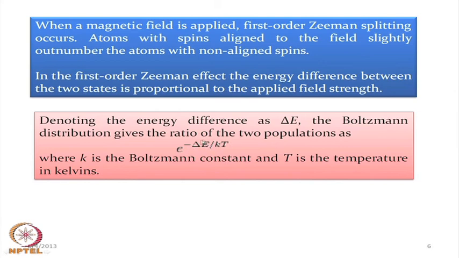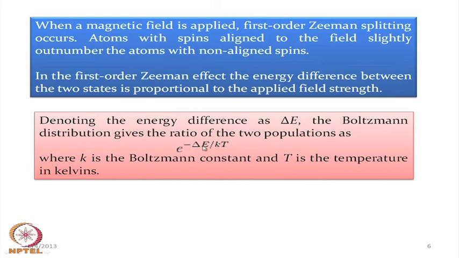So, with respect to the kT value, we will have the corresponding magnitude of these delta E values, and the magnitude of these delta E values is much less compared to the kT values, because the kT value at room temperature would be close to 200 centimeter inverse, but these delta E values are very small. It can only be 1, 2, 3, 5 to 10 centimeter inverse.